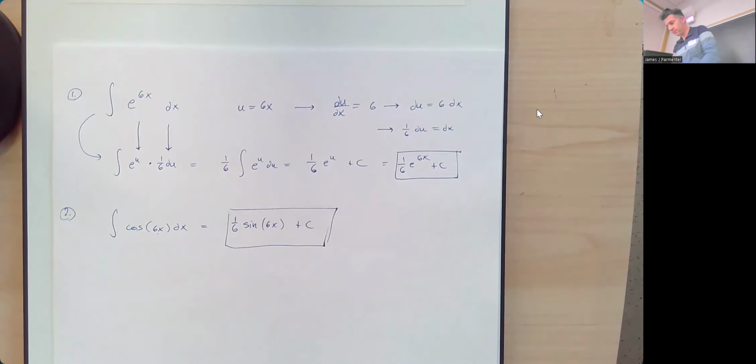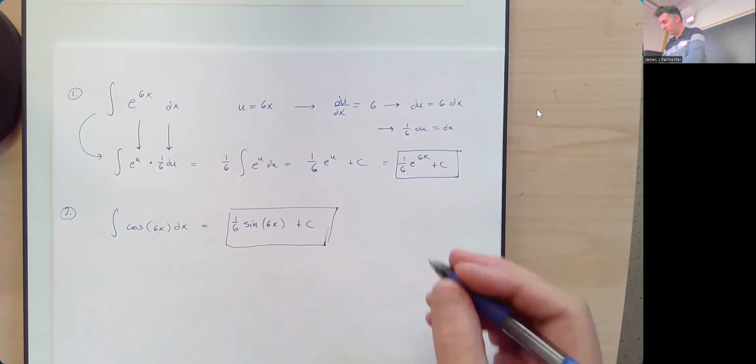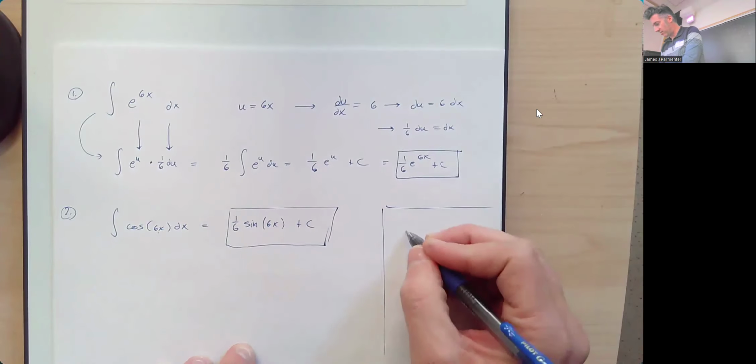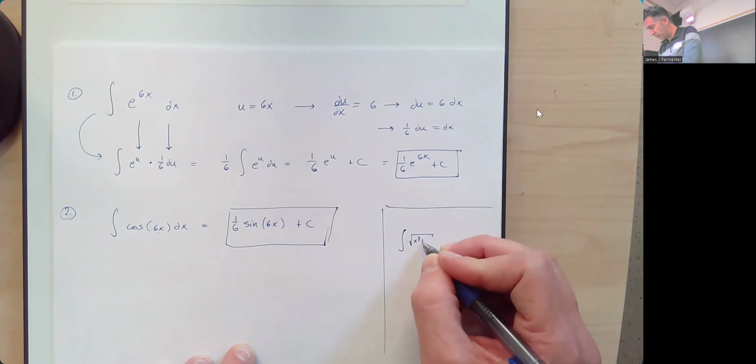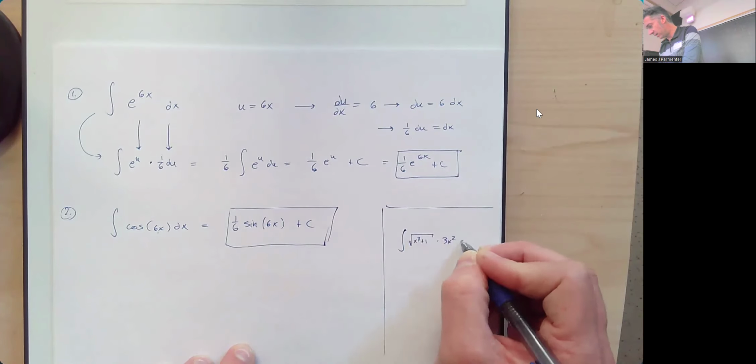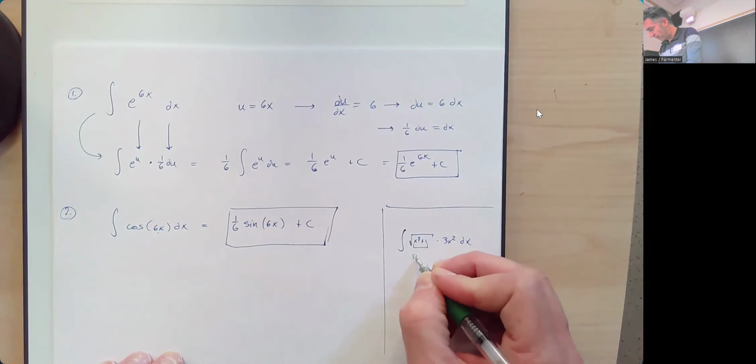Like when we did the other example, the integral of, let's make something up, the square root of x cubed plus 1 times 3x squared dx, that x cubed plus 1 is your stuff.